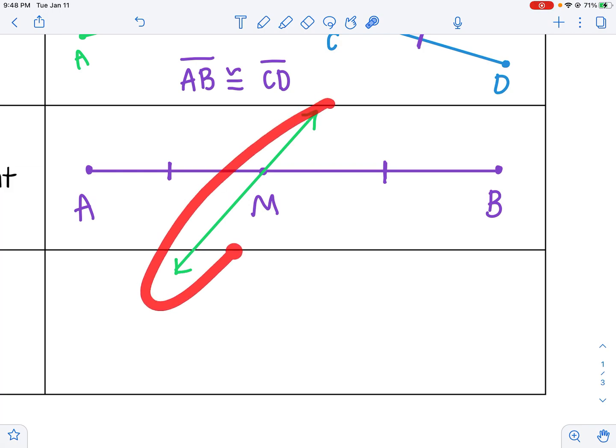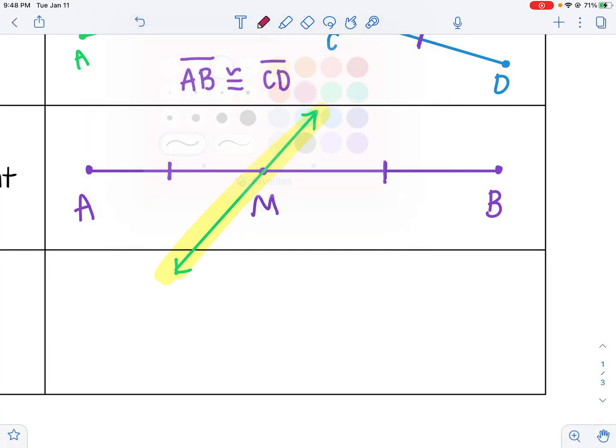Well, this green line would be the bisector. The point where it's cut in half would be the midpoint. So this piece right here, that line, and it could be a ray or another segment, but lines are really common. That's your bisector. The bisector cuts it in half, and the actual point, that's your midpoint.